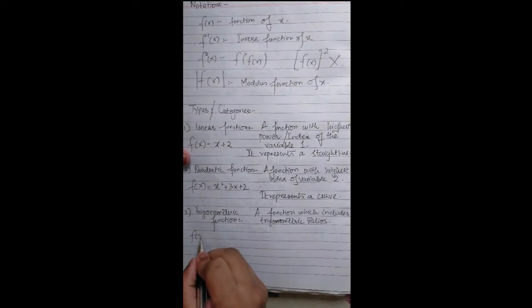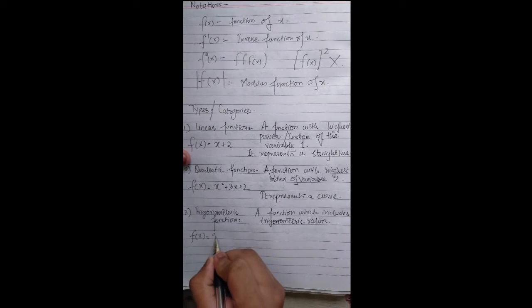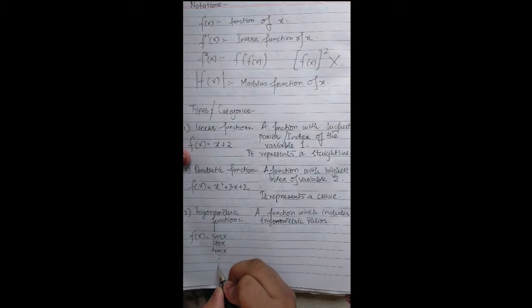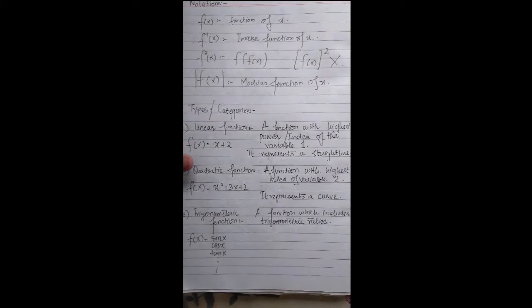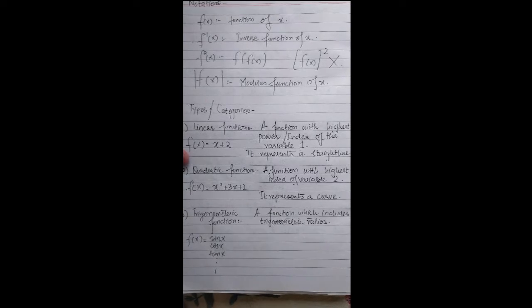For example, sin x. This could be cos x, tan x. A lot of this is included in your syllabus in very detail. We will be discussing this in the chapter of trigonometry.